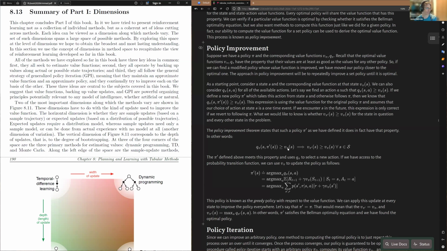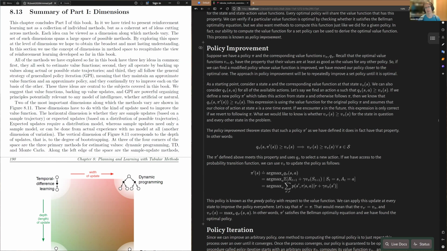That would mean the policy we are starting with isn't actually taking that action, because if it was, then the V would match that. So we can look at all the Q values and define a new policy that has this property. At a given state, we consider the action that policy would take, and we observe that that Q value is higher than the value estimate for that policy.